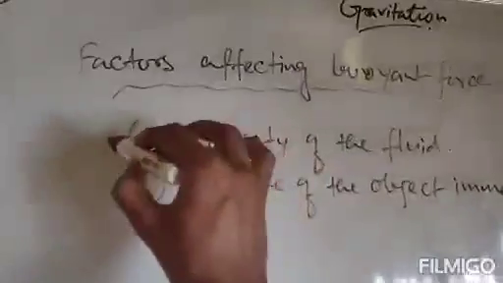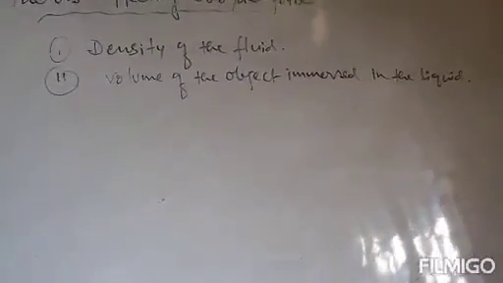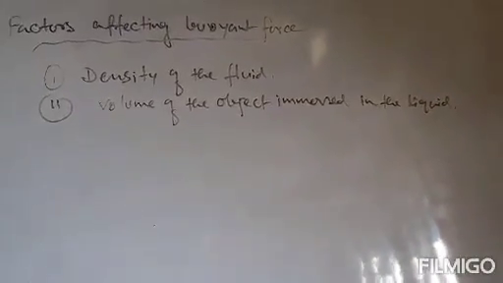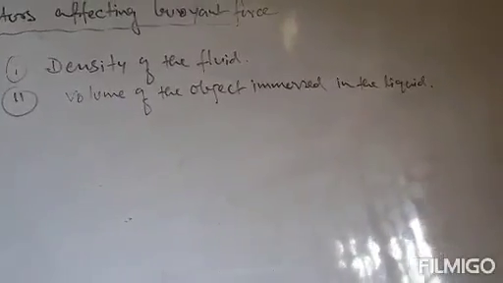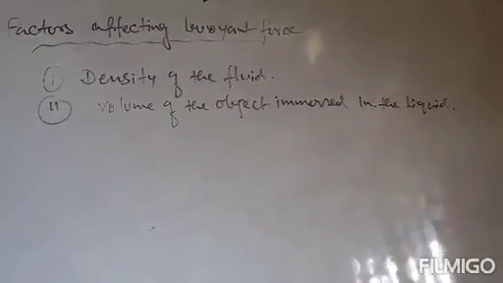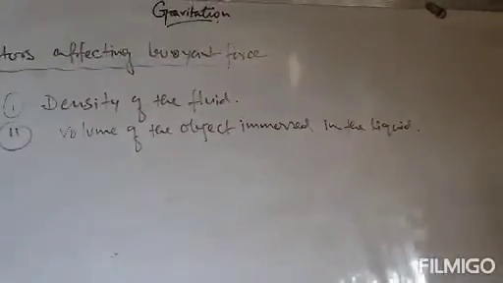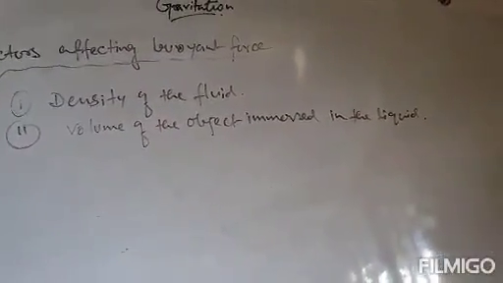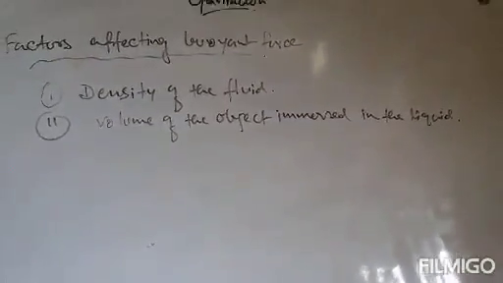So talking about the first factor, that is the density of the fluid. Always remember, the liquid having higher density exerts more upward buoyant force on the object than the liquid of lower density.